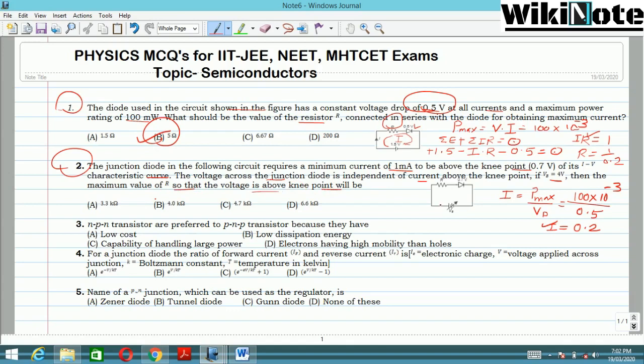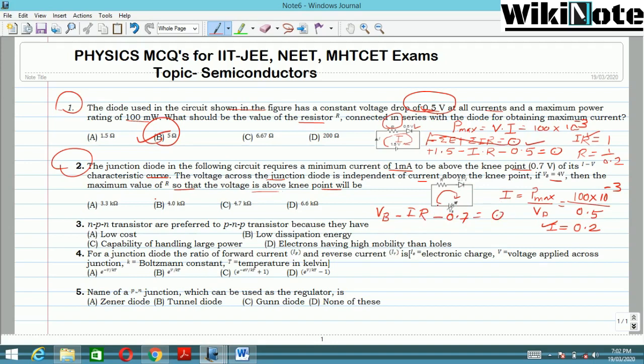Okay, so now again applying the KVL as I did earlier, you can see a 0.7 volt voltage drop over here. The base voltage is given, which is 4 volt. So again I have to use the same formula which I have used earlier. VB minus the current flowing times the resistance minus the drop across this, which is 0.7 volt, is equal to 0.